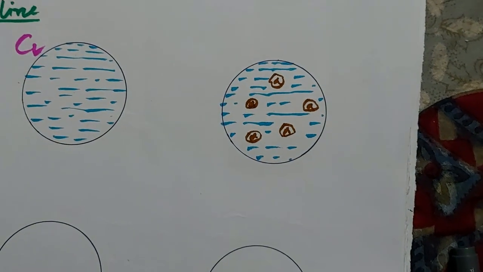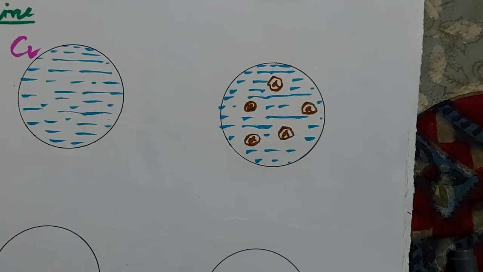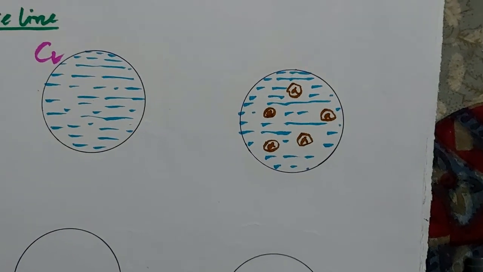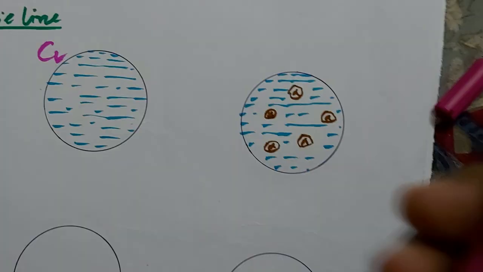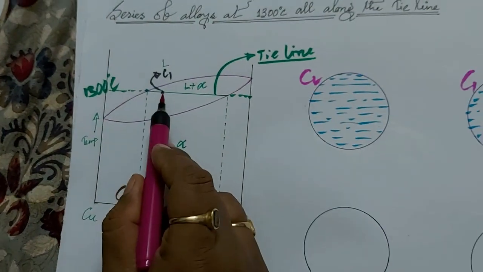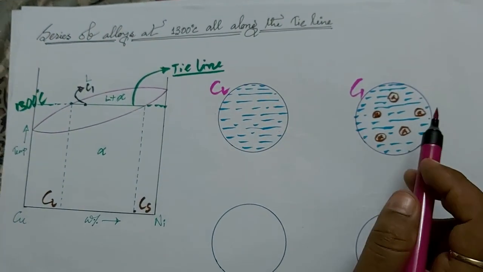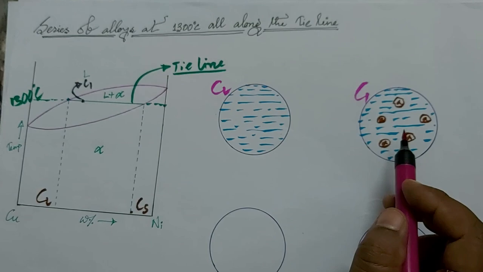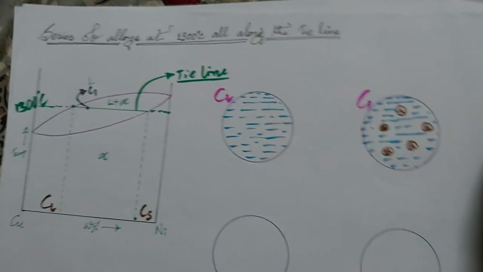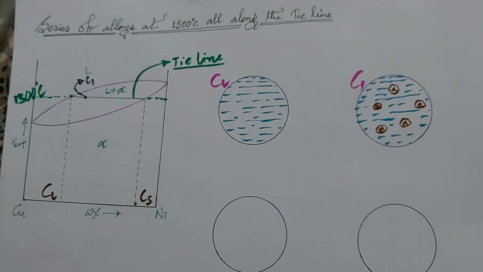So this is the microstructure at point C1, where the solidification just started.